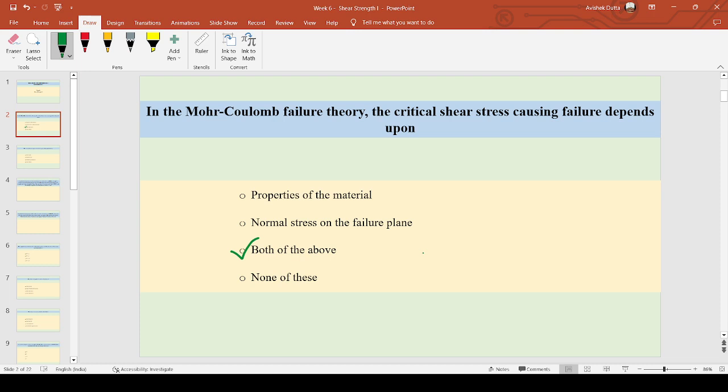There will be properties of the material involved along with the normal stress acting on the failure plane in the same equation. So we can say that the critical shear stress causing failure depends upon both the properties of the material and the normal stress on the failure plane. I hope it is clear.